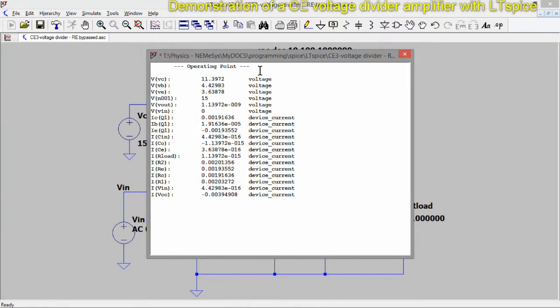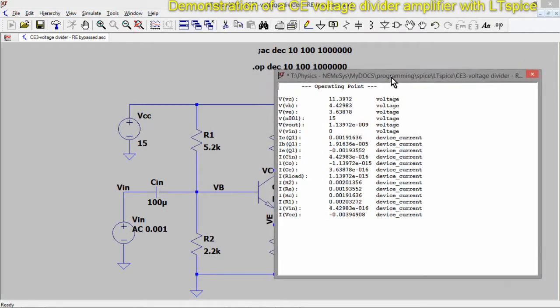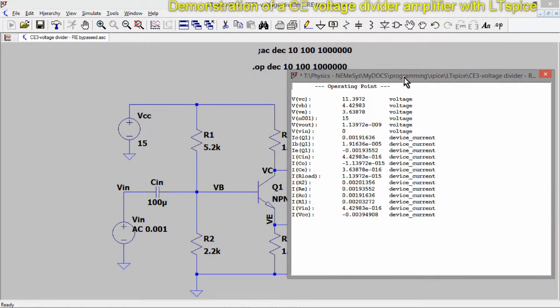So the numbers shown here indicate the currents and the DC voltages. Let's keep an eye on IC. IC is 0.0019, whatever, so it's nearly 2 milliamps. According to the design, we wanted it to be 2 milliamps.